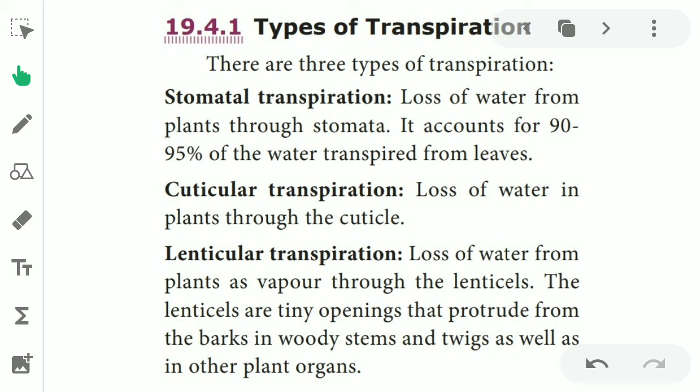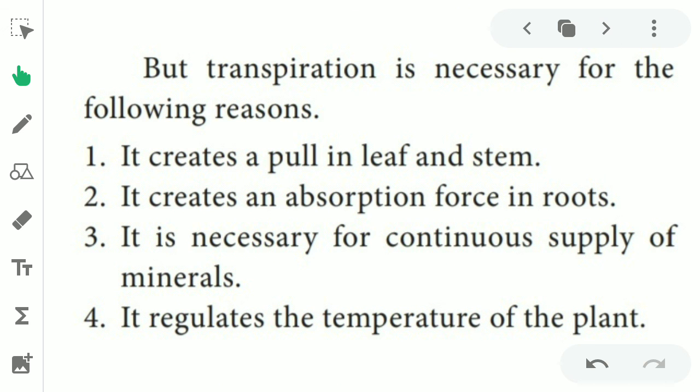These parts have tiny openings. Tiny opening means very small opening. This is called a lenticel. With the help of lenticels, transpiration occurs. It's called lenticular transpiration.